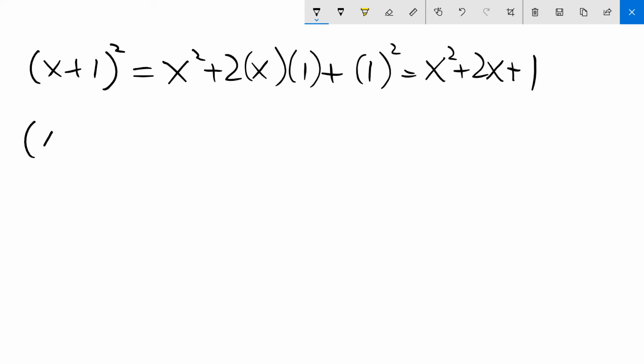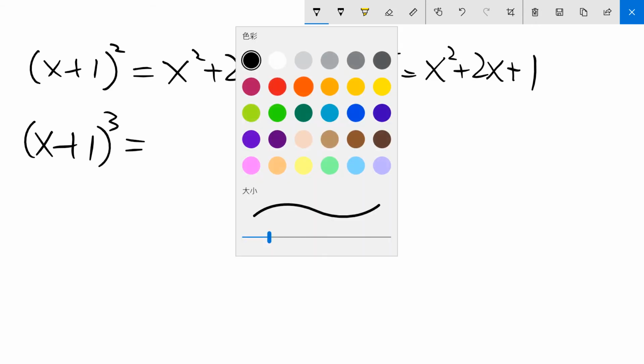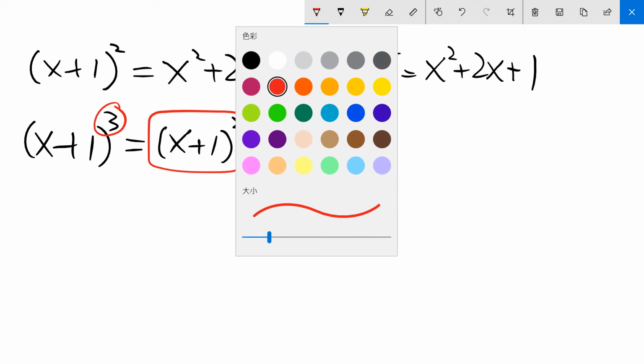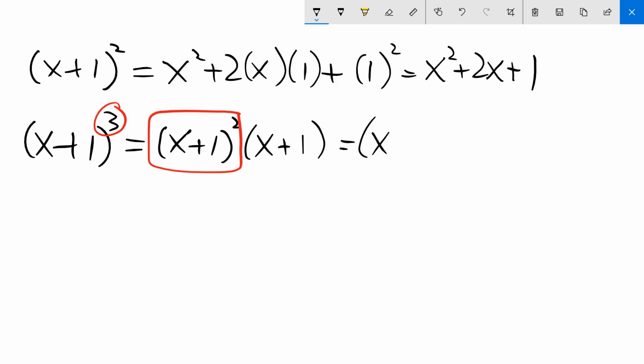Okay, but what if here is not power 2 but power 3? What can we do? We can just do it one by one. That means we first expand up to power 2, expand the first one, and here we do the rainbow.